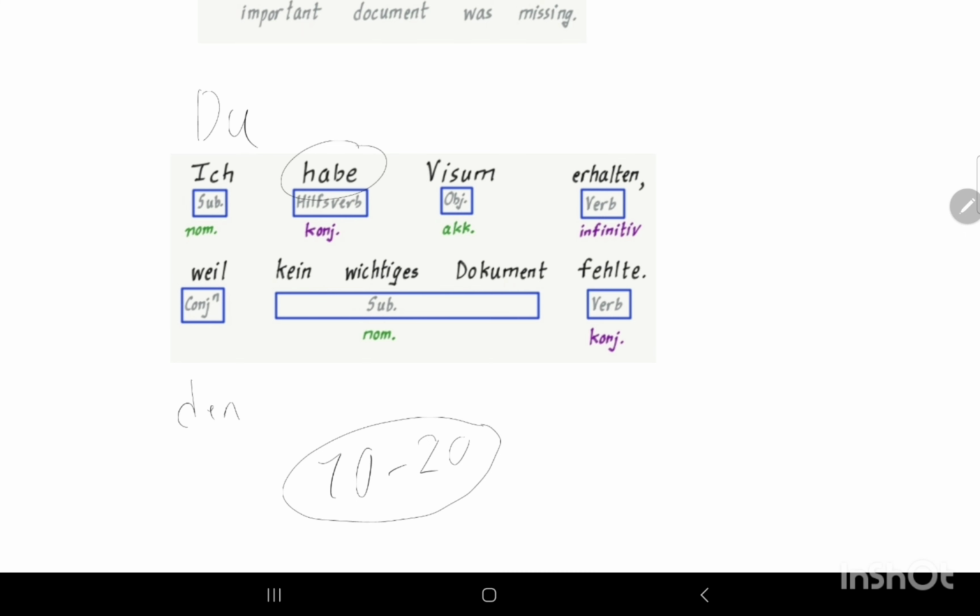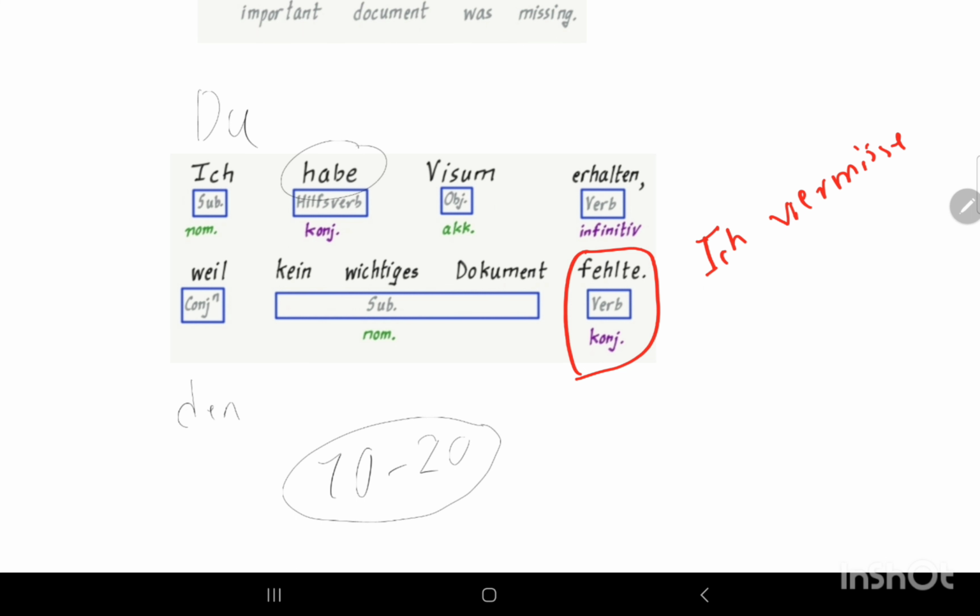Right? You are saying no document, so Negationsartikel, kein wichtiges Dokument fehlt, missing. For example, if you want to say I miss you, it will be ich vermisse dich. That is something else, when you miss a person.